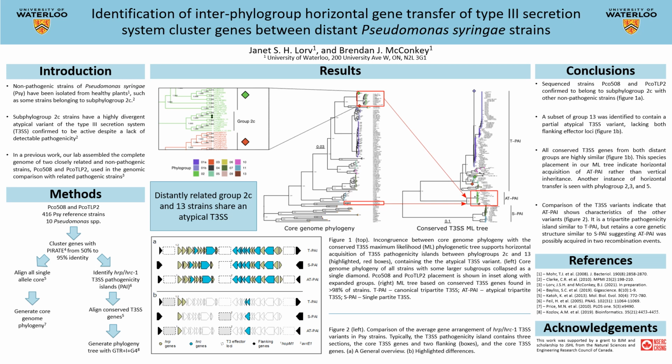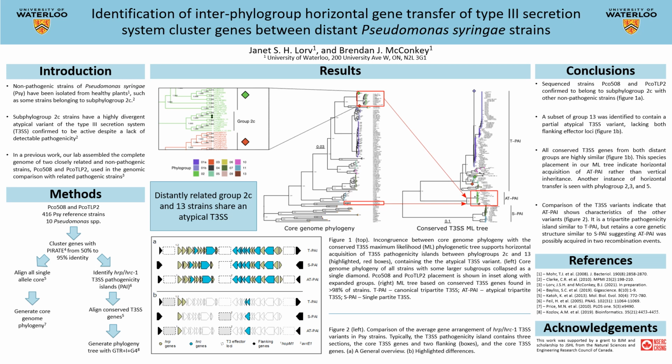This is especially evident when you look at where the highly conserved gene AvrE1 is found in the hypervariable region, similar to the single partite, while the HopM1 gene is found in the effector loci, which is more common to the canonical tripartite variant.